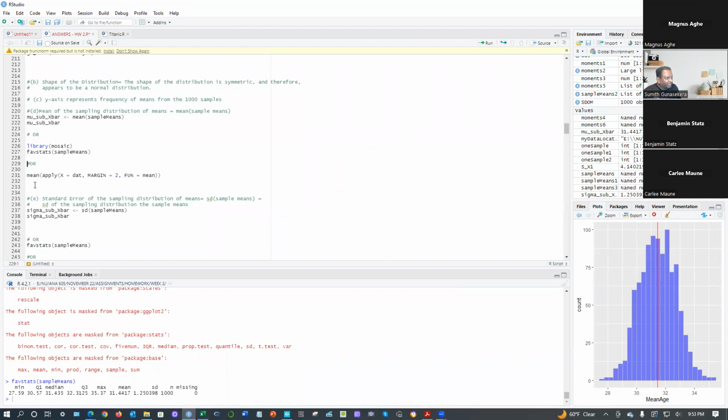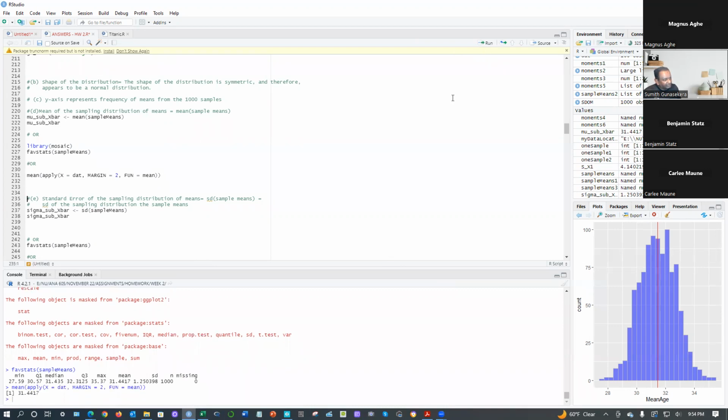Or you can go to the mean and apply, finding the average of all the columns using apply, and then find the mean of those values. It's the same thing: 31.44. There are so many ways you can get the average.